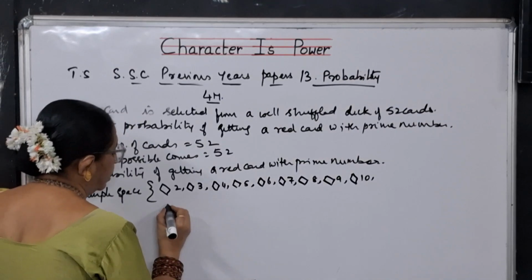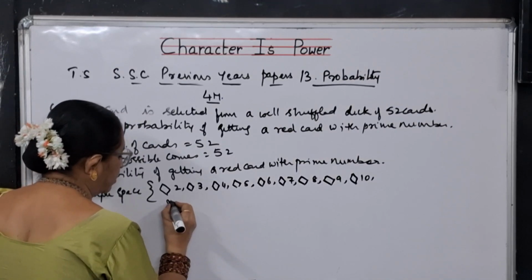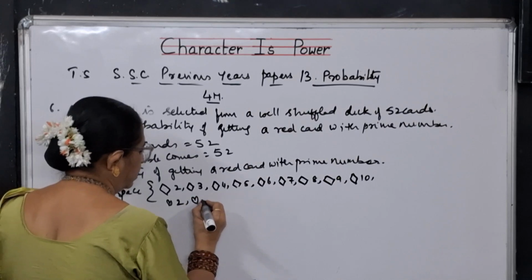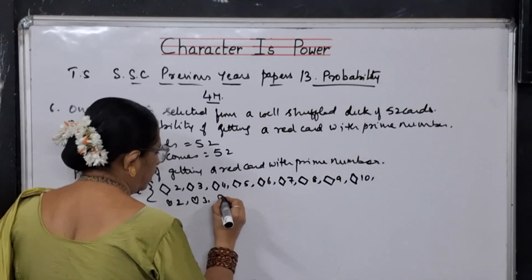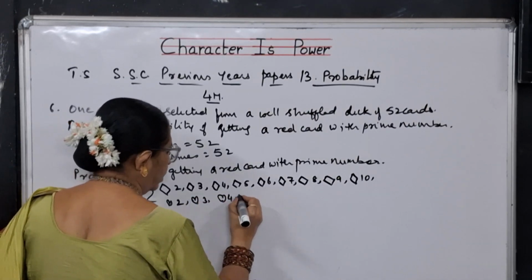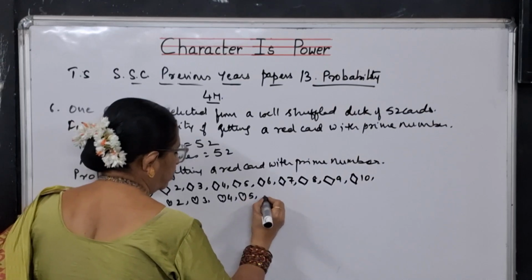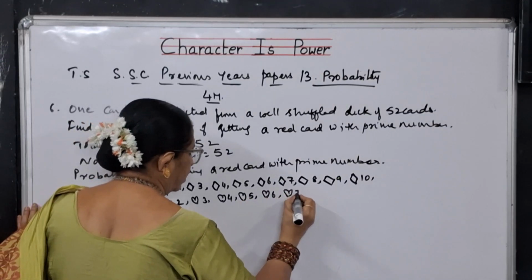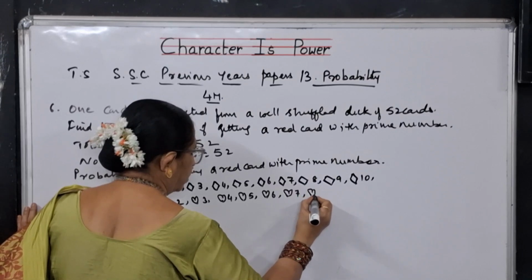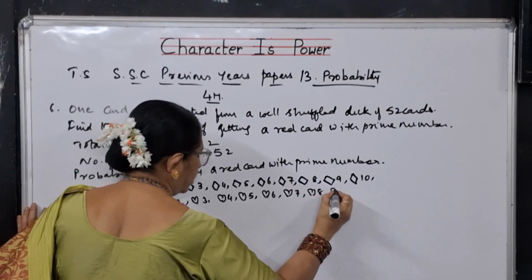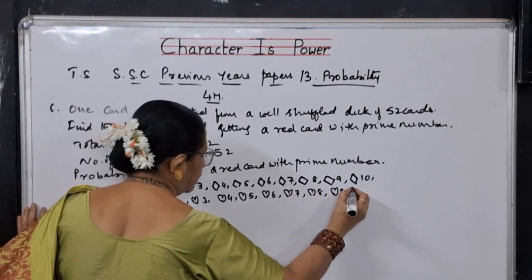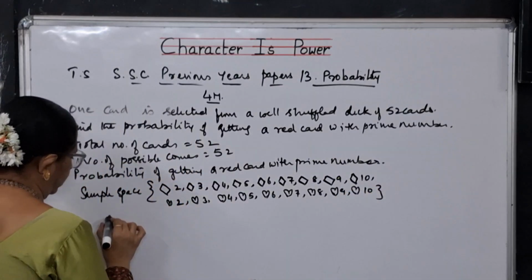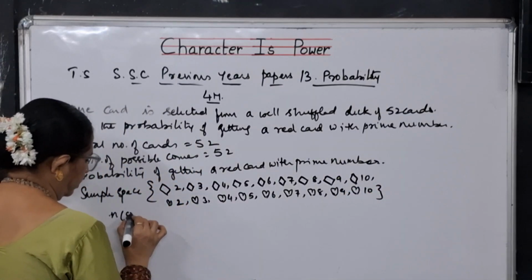And you have got red color heart cards. Heart 2 and heart 3 and heart 4 and heart 5 and 6, 7, 8, 9, 10.